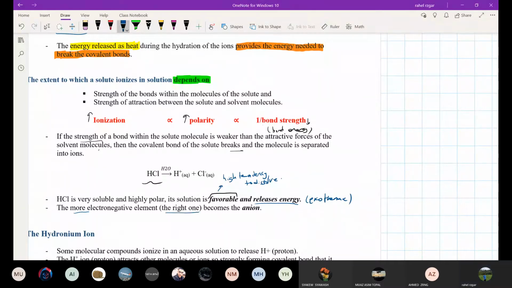For example, if you remember from 11th grade in chapter 1, always between two elements, which one is on the right? The one with the higher electronegativity, like HCl, like HF.